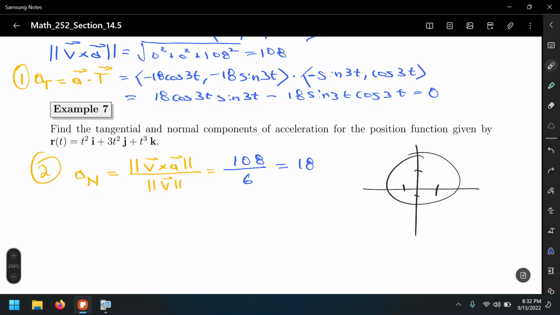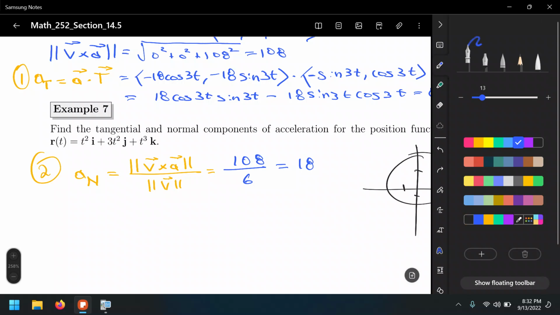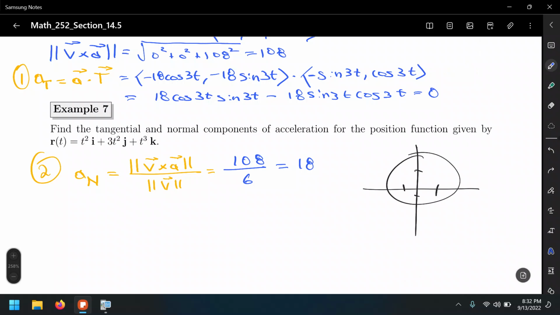They will have the same shape, so it's not going to change really. So what we're saying here is that the tangent, normal, and some acceleration vector right here, it's broken up into these components. That is, the magnitude on the tangential is 0 units.